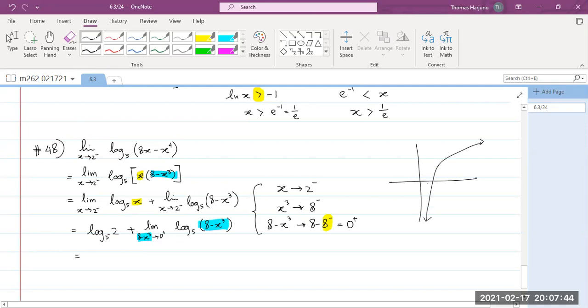Now, when x is approaching 0 from the right-hand side, what happened to the y value? It goes to negative infinity, that's right. That becomes negative infinity. It's supposed to be negative infinity plus log base 5 of 2, but negative infinity plus any constant will still be negative infinity. Maybe the negative infinity is not as negative anymore, so a bit smaller.